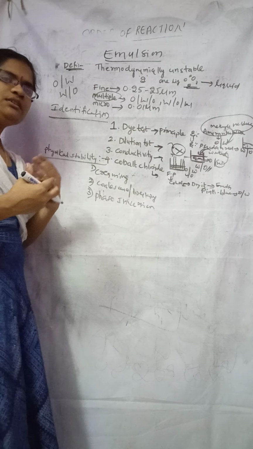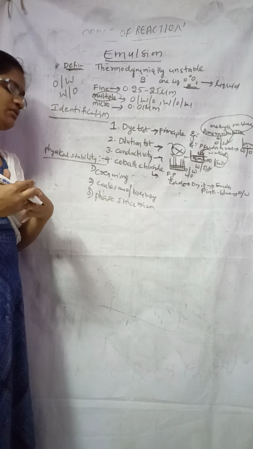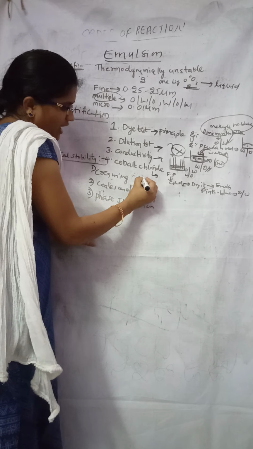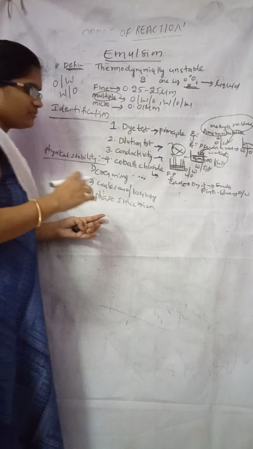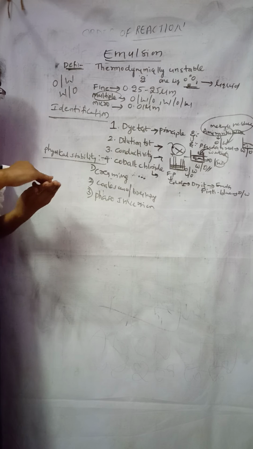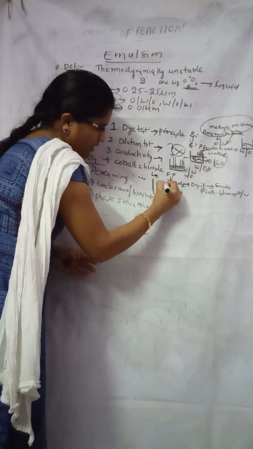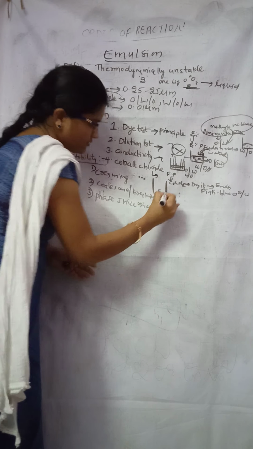Creaming. So what is creaming? Already we know the solid particles are going to be suspended in the liquid medium. In creaming, the particles accumulate and form a layer either at the surface or at the bottom. Imagine this is a container containing emulsion.